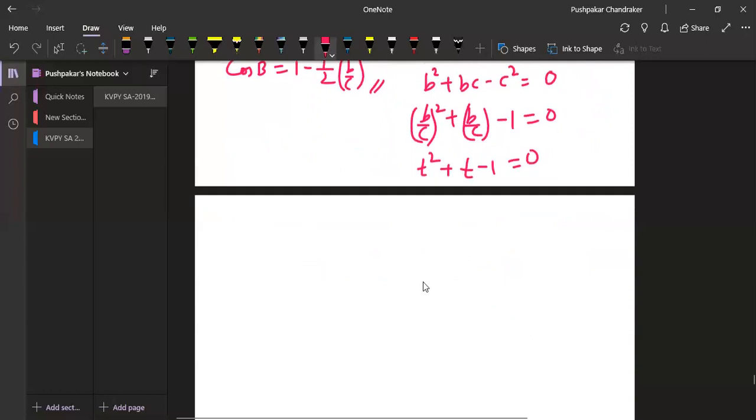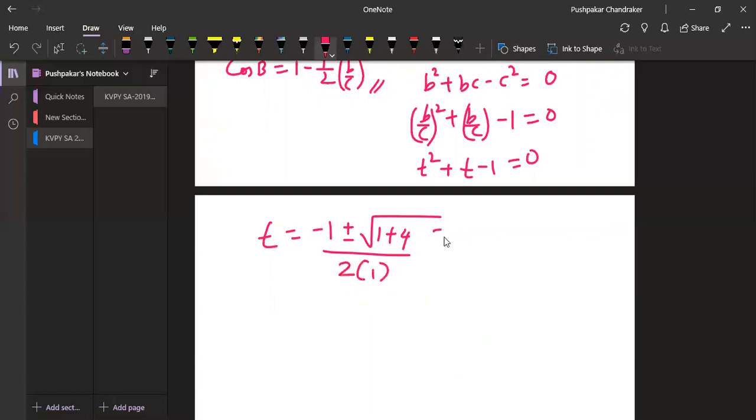A quadratic. This quadratic can be solved easily. Apply the quadratic formula: the roots are minus 1 plus minus the root of 1 plus 4, so you're getting minus 1 plus minus root 5 by 2. Definitely the negative case is not possible. It means b by c, which equals t, should be minus 1 plus root 5 by 2.